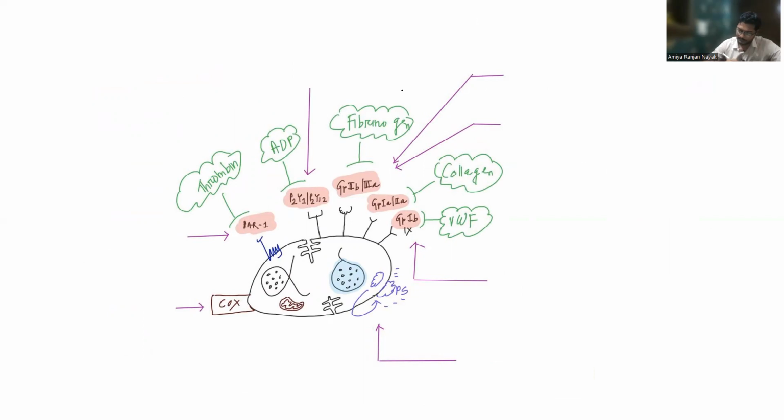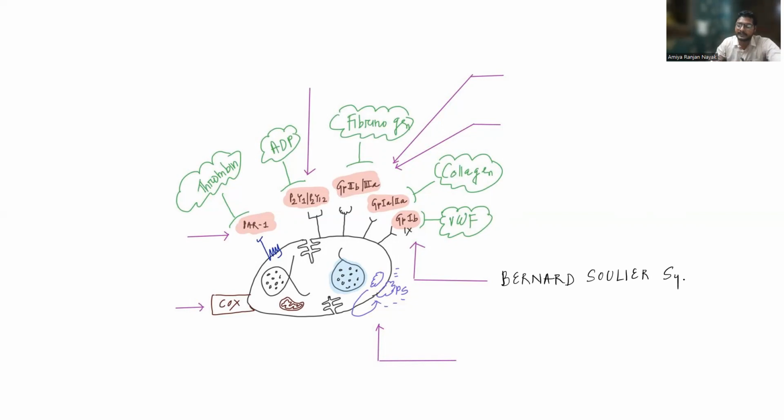We'll start with the GP1B9 receptor. If there is a mutation in the GP1B9 receptor, it will cause Bernard-Soulier syndrome. It's a disorder where there is defective platelet adhesion, because GP1B9 helps in adhesion.